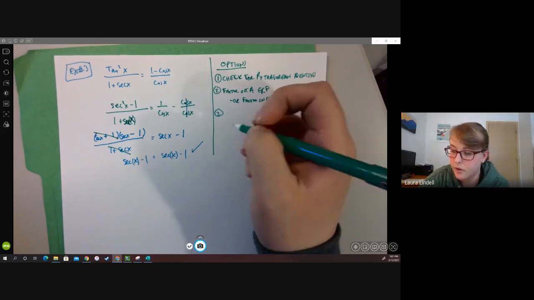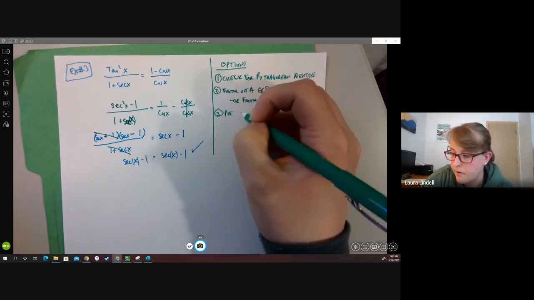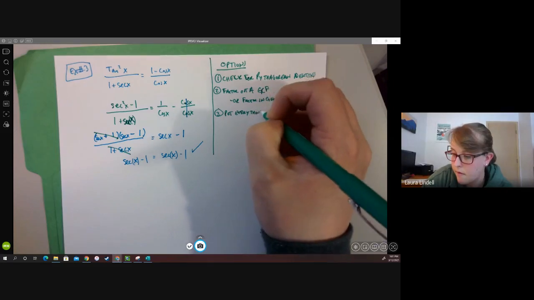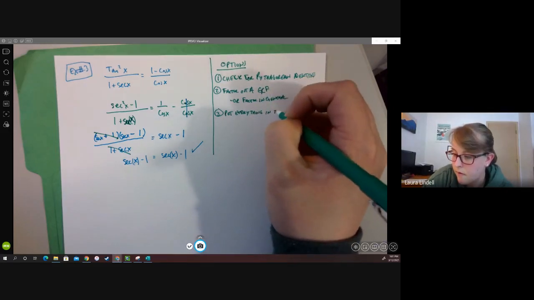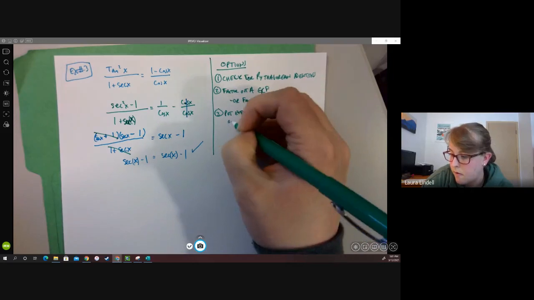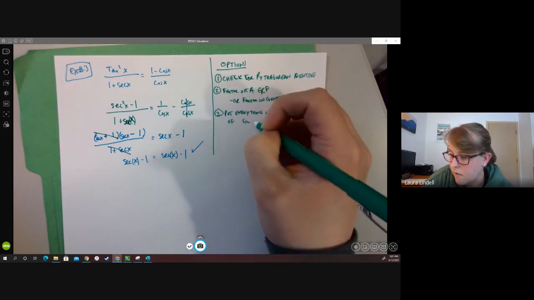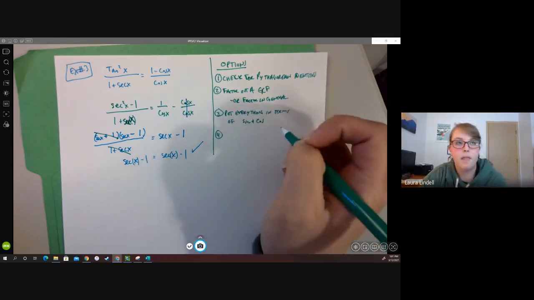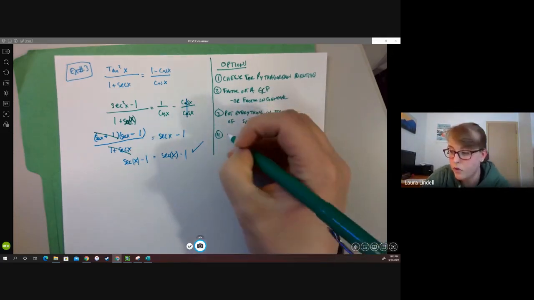We can put things in terms of sine and cosine. Occasionally you could cross multiply.